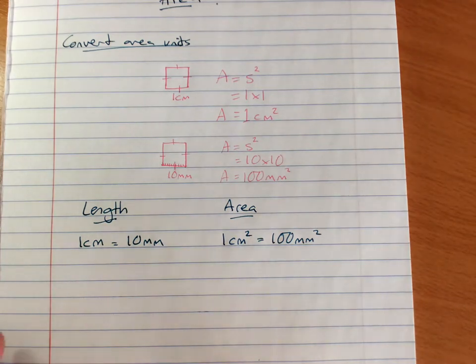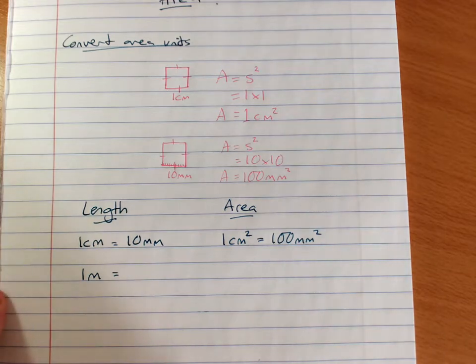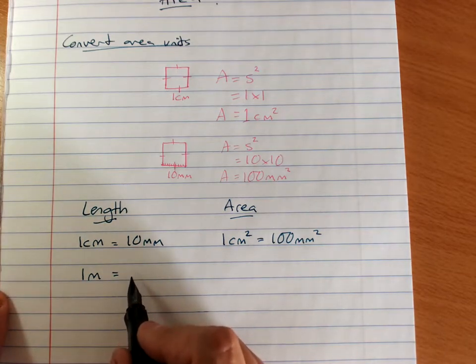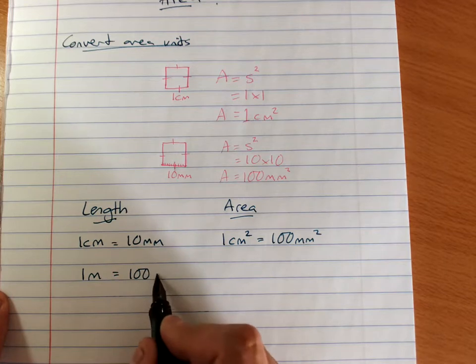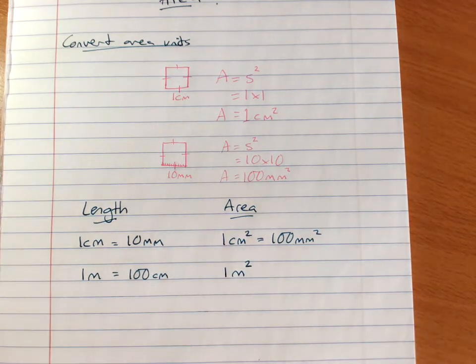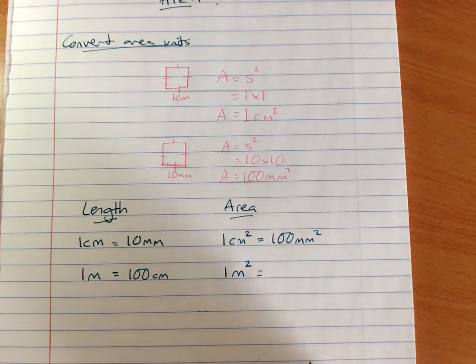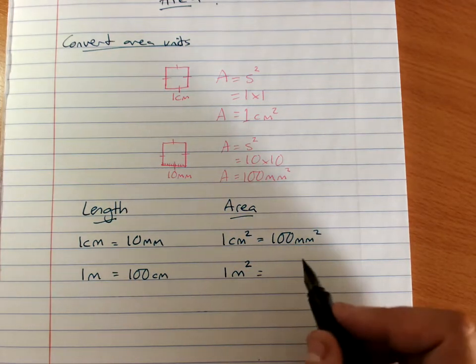The same goes for our larger measurements. So 1 metre equals how many centimetres? 100 centimetres. But 1 metre squared is not 100 centimetres squared. What do you reckon it's going to be? 10,000?